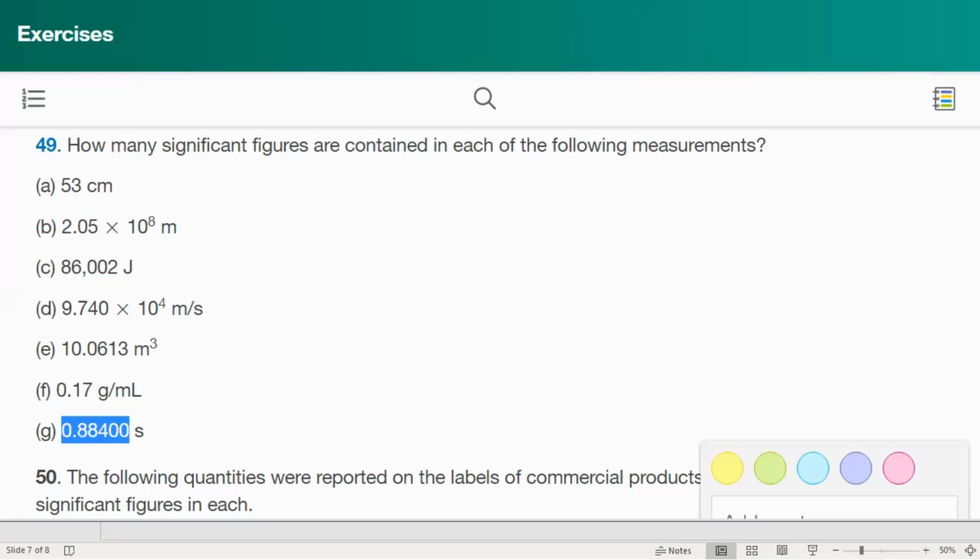And I think if one looks in the OpenStax lecture, it'll indicate that too. You count it as a significant figure if the 0 is trailing and to the right of the decimal point.